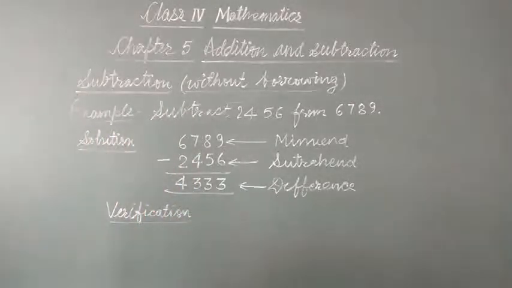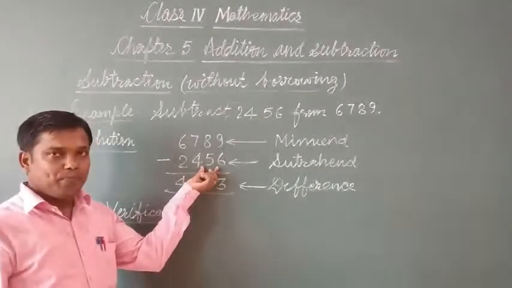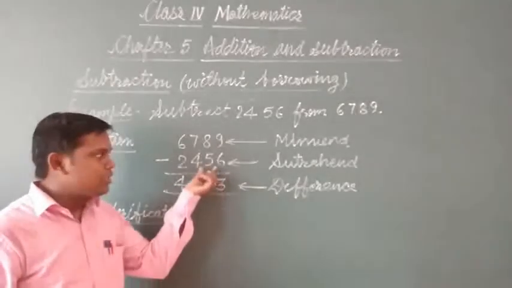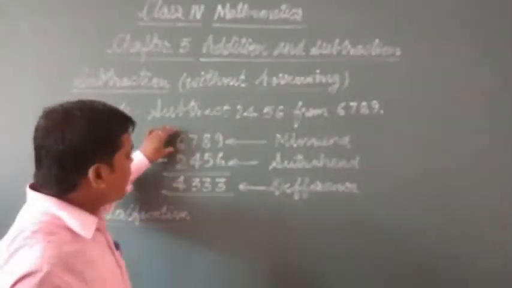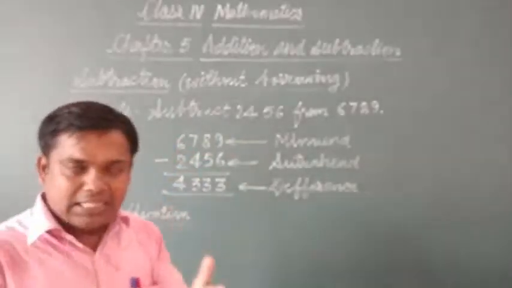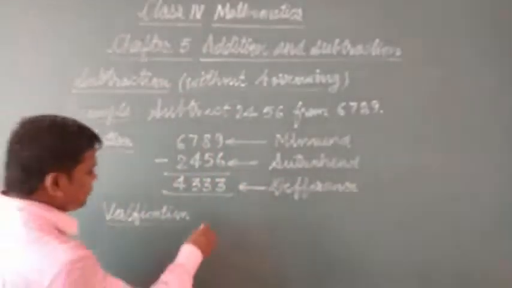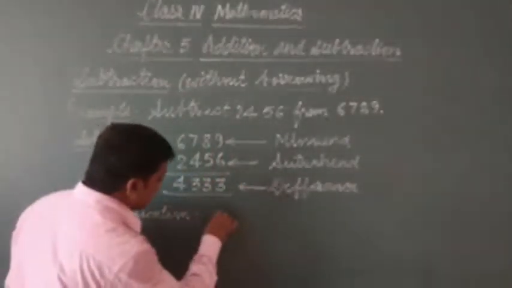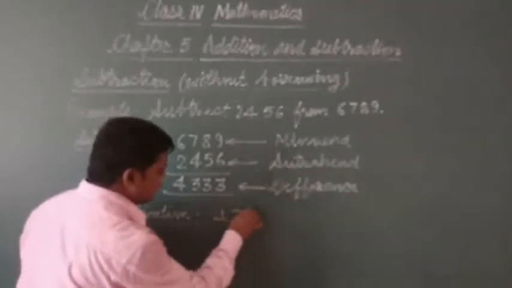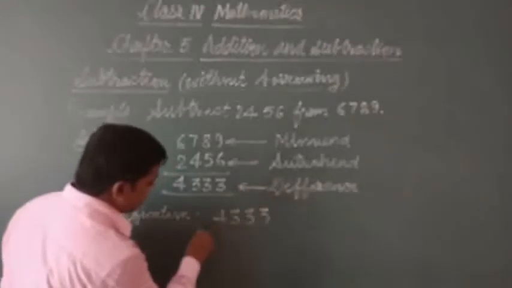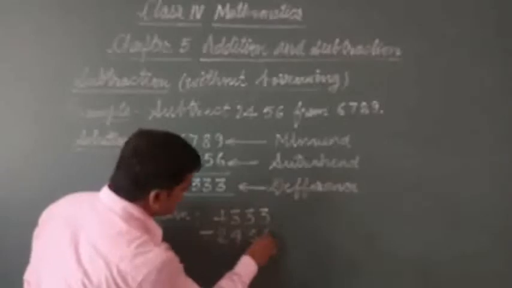How will we verify? See, we will add the difference to the subtrahend, and if we get the sum equal to the minuend, we can say that our difference is correct. Okay, so right here for verification, we add the difference to the subtrahend. 4333 plus 2456.